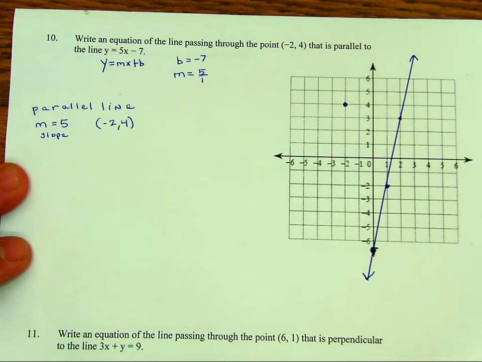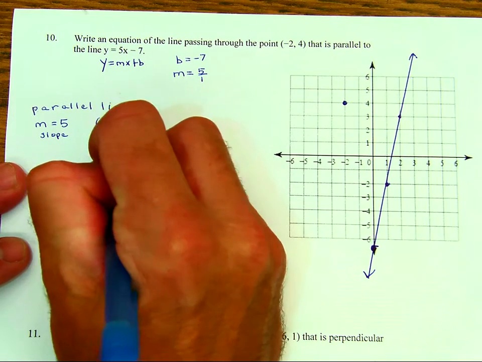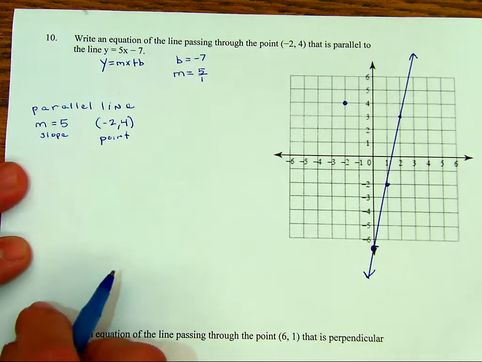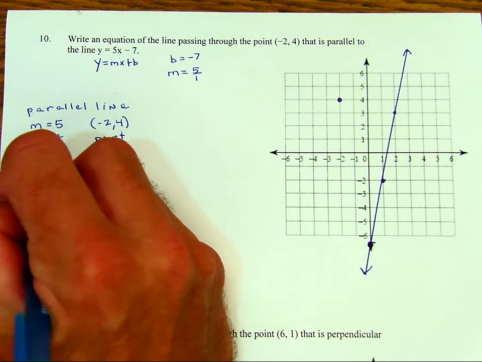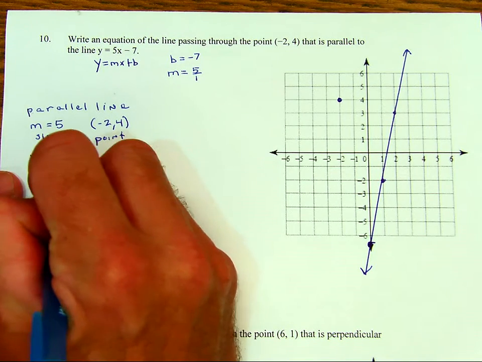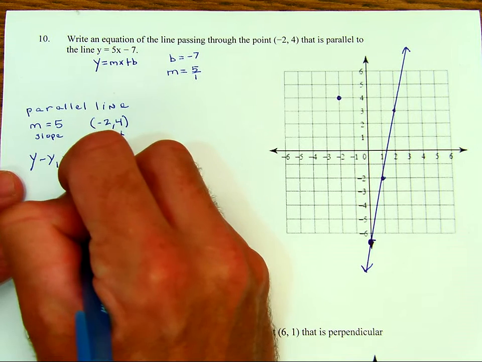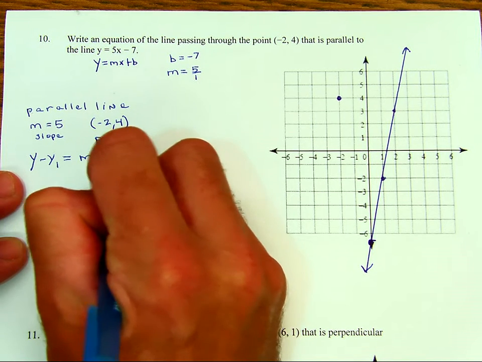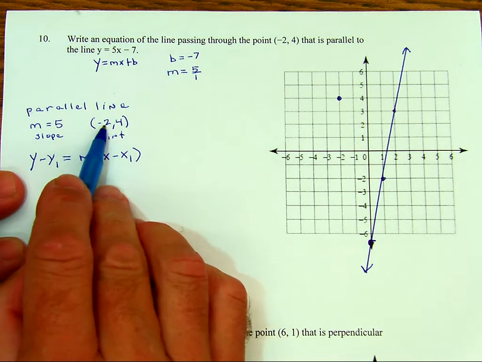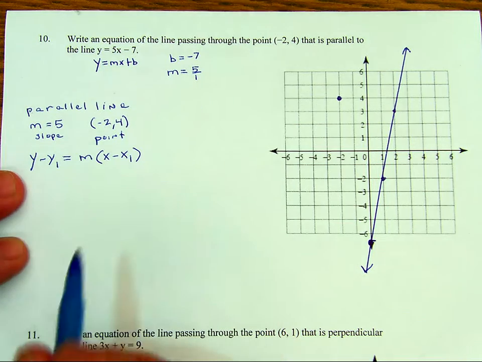And so, since I have a point and a slope, I'm going to be using point-slope form. Point-slope form is y minus y1 equals the slope times x minus x1. And so in this point, that's x1 and y1.